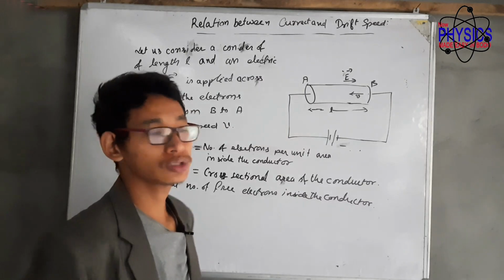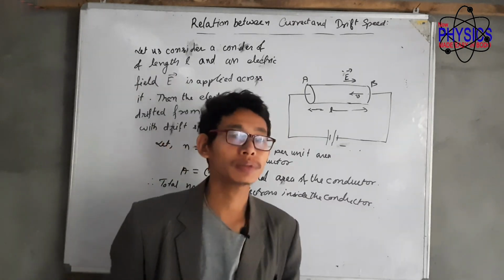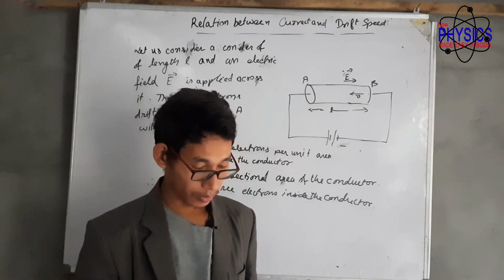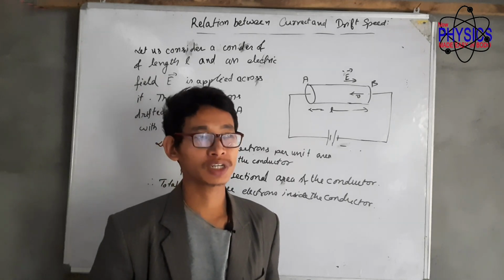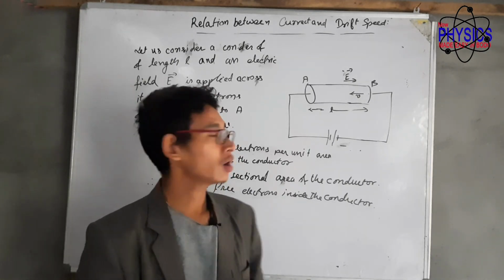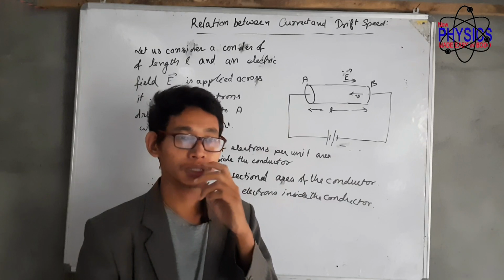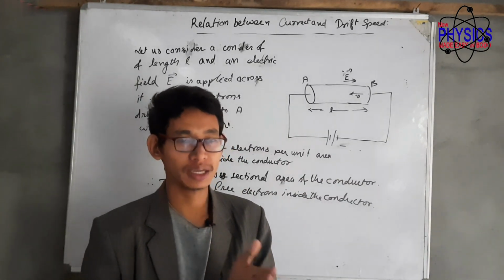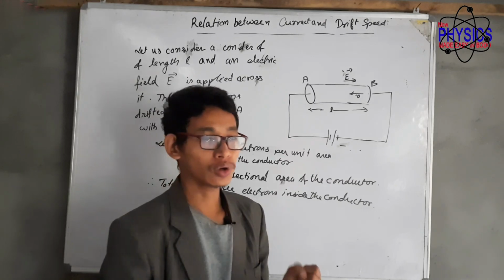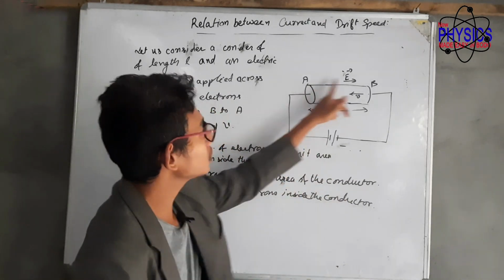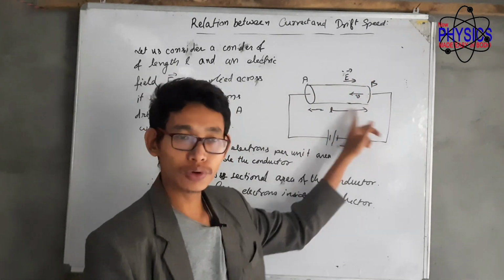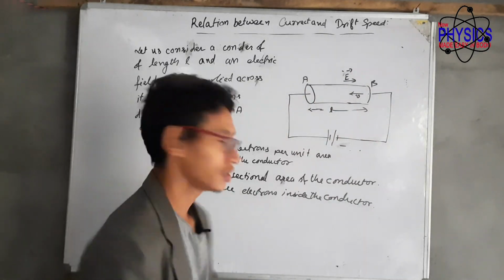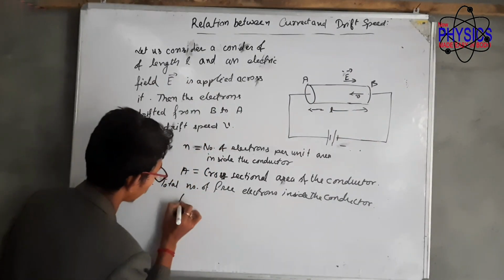In every square meter the number of electrons is, suppose, small n; it may be 10, 15, 20, maybe 100. So what will be the total for all this cylinder? For all this cylinder it is, suppose, capital N.